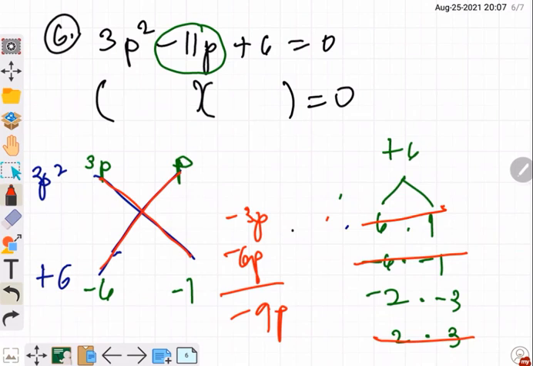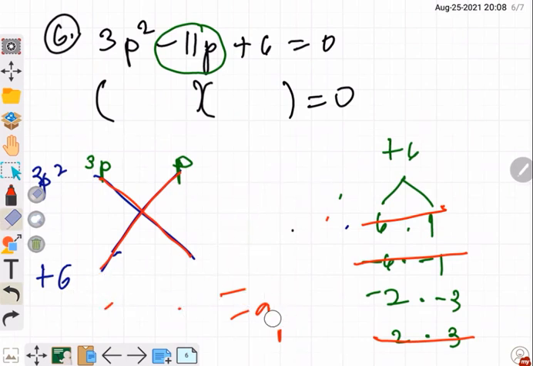So maybe it's really negative 2 or negative 3, only that which one is negative 2? Is it here or here? If that doesn't work, let's switch. Negative 3 here, then negative 2 here. We can switch if that doesn't work. So let's erase first.